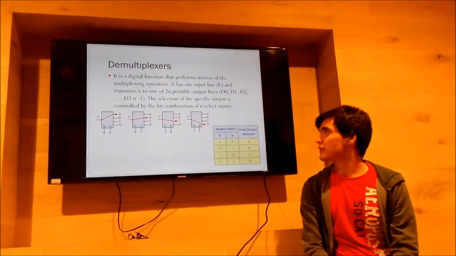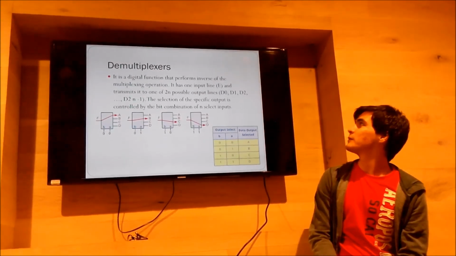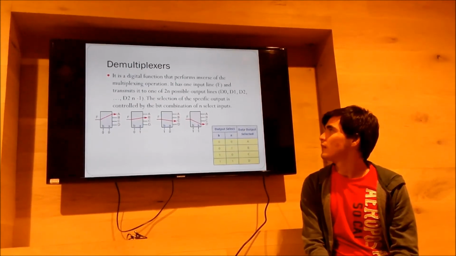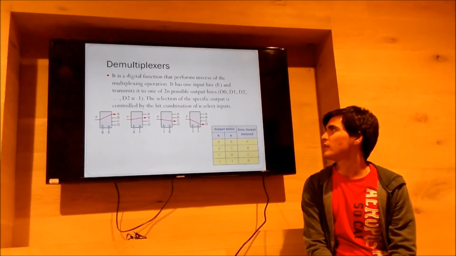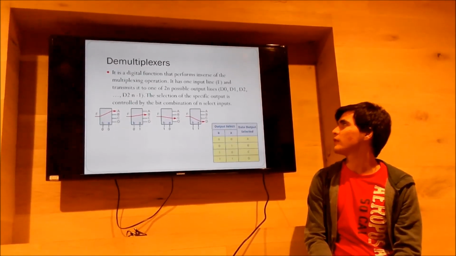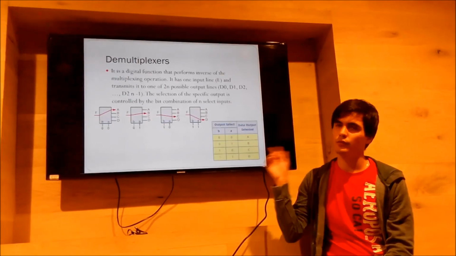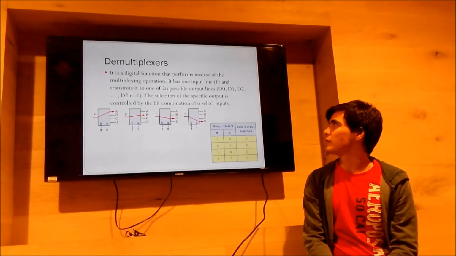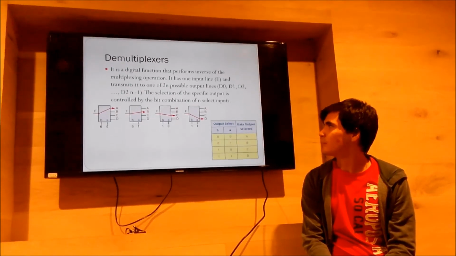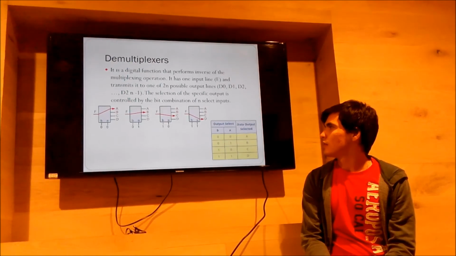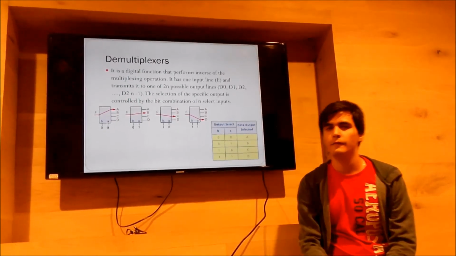The demultiplexer is a digital function that performs the inverse of the multiplexing operation. It has one input line, E, and it transmits it to one of the 2 to the n possible output lines, D0 to D3. The selection of the specific output is controlled by the bit combination of the n select input lines.